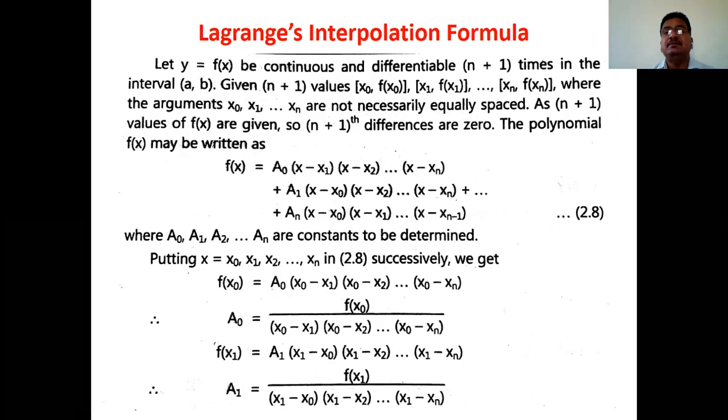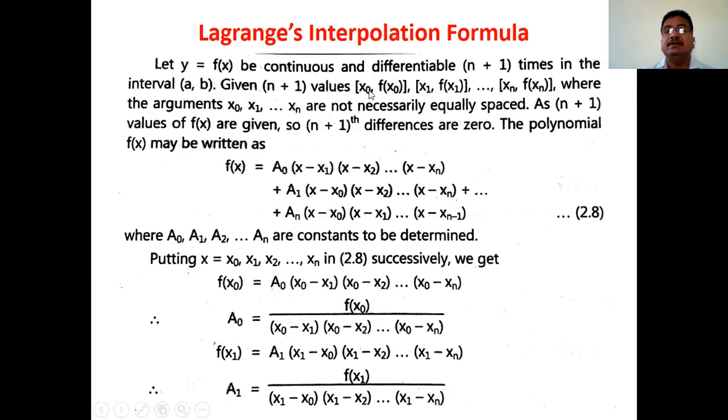And so here the set of points is x0, f(x0), x1, f(x1). That is, the first value of x is x0, the second is x1, the third is x2, the fourth is x3, in this way. So this is the set of given values, or this is the table.